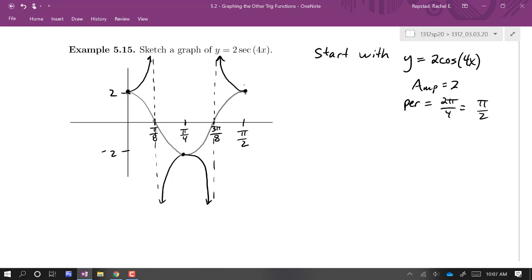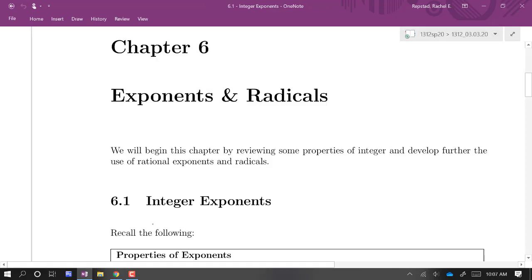It will serve us well for the rest of the chapter.